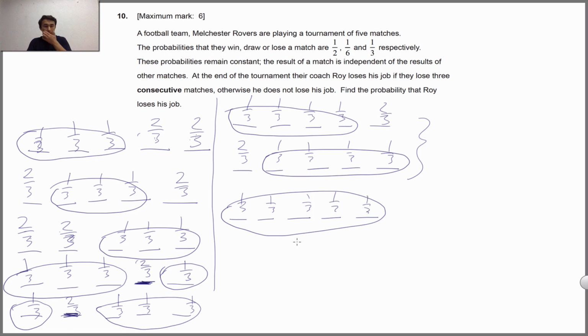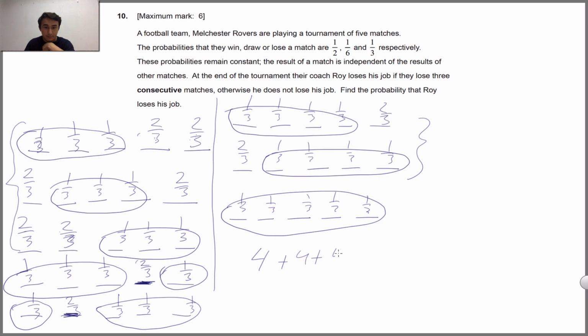So let's add all of them up. On the left we'll have 5 scenarios. The first 3 scenarios are quite similar. From that we get 1 times 1 times 1 times 2 times 2 is 4, plus how many of them are there? 3, right?